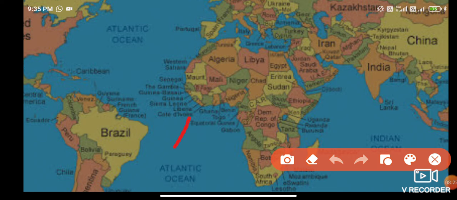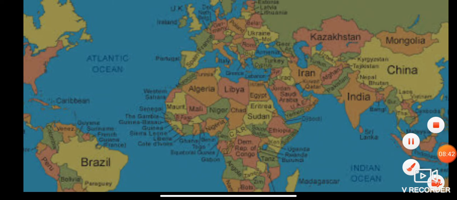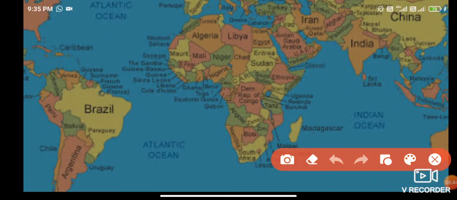Why they are short is because suppose you want to go from India to UK, the route becomes shorter if you take the Suez Canal. If you go from here and then go to UK, this becomes shorter as compared to if you were to cross the entire Africa.